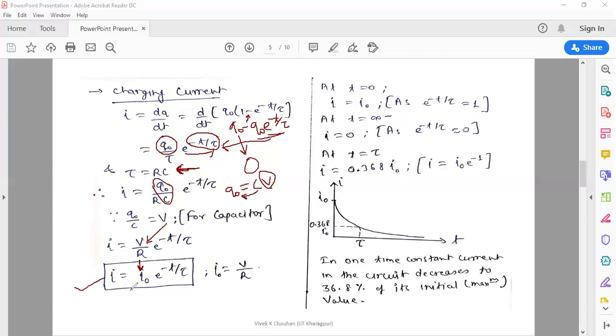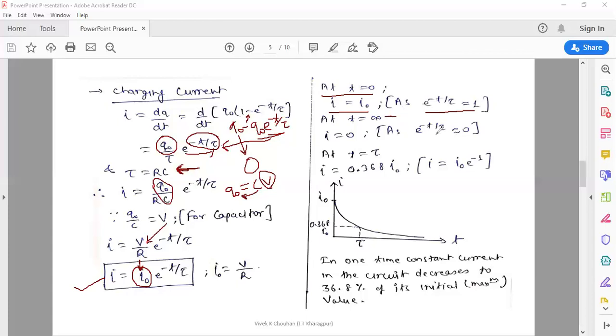Mathematically it can also be proved that I naught will be the maximum current flowing through the circuit. We will see that at t is equals to 0, e to the power minus t by tau will become 1. When you put that value over here, you will get I is equals to I naught. Now what happens in the steady state? Again, you might remember that t is equals to infinity was steady state.